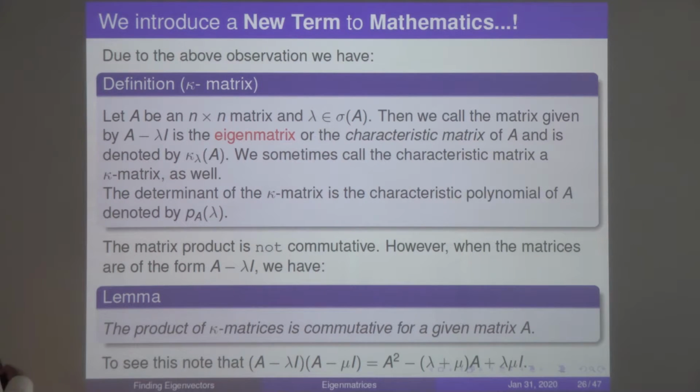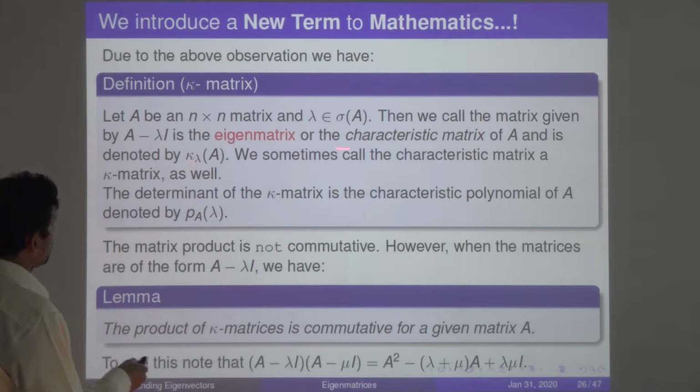Let's talk about new theories that we developed throughout this research. We define what we call a kappa matrix, or the eigenmatrix. So what is that? Let A be an n by n matrix, and you pick a lambda from the spectrum, and we call the matrix given by A minus lambda I the eigenmatrix. This is a familiar matrix that we have to deal with, but we call it the eigenmatrix because it produces the eigenvectors, or the characteristic matrix.